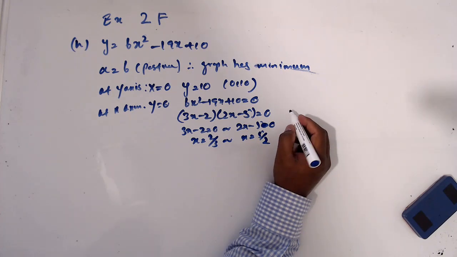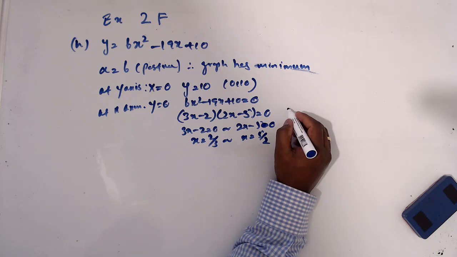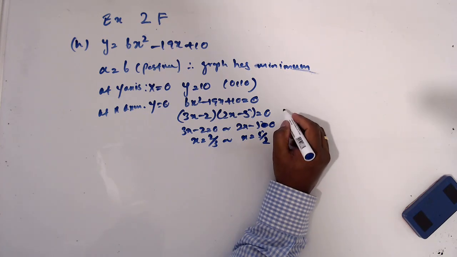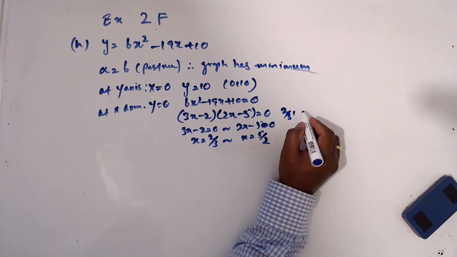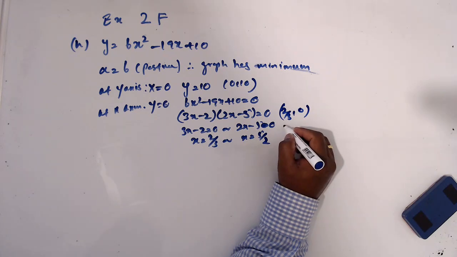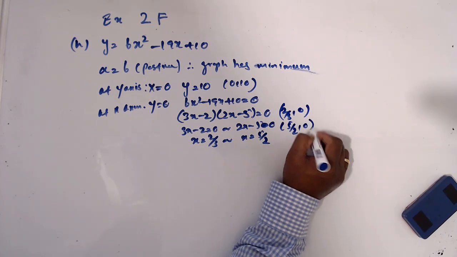So the coordinates are 2, 0 and 5 over 2, 0.